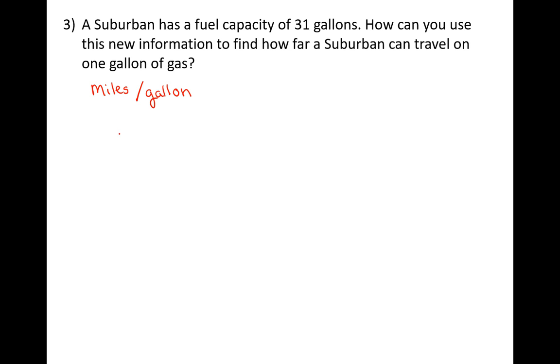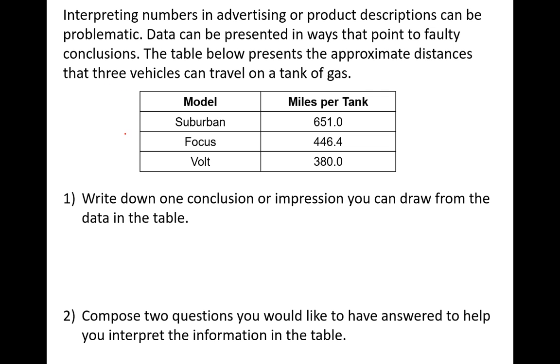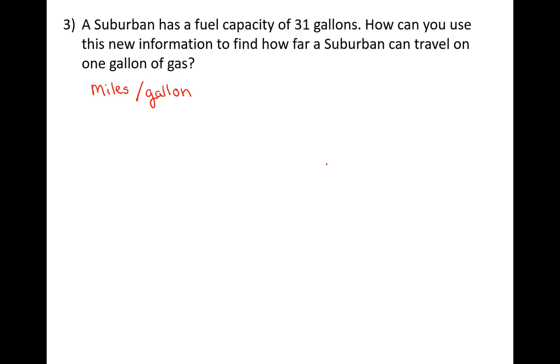So we know that one tank of gas, if we go back, goes 651 miles. So we can go 651.0 miles, and it is important that we have units, on one tank of gas. Well, one tank is the same as 31 gallons.